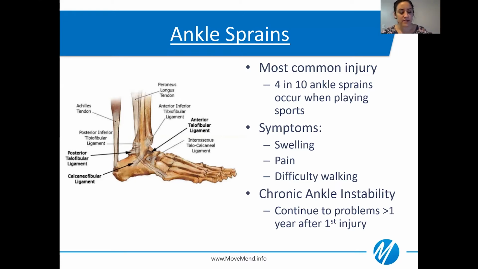And this is typically diagnosed when a person continues to have problems with tasks like walking or even playing their sport for more than a year after their initial injury. And people with chronic ankle instability will typically say, I roll my ankles all the time. It doesn't take very much. It feels unstable and feels like it's giving way.